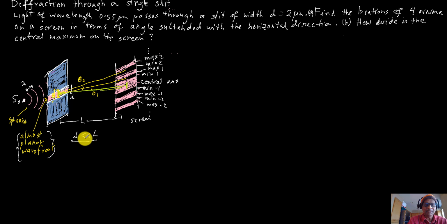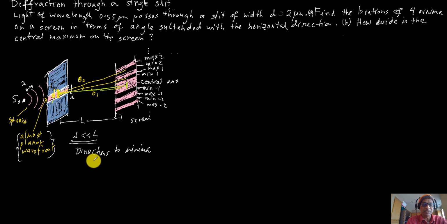So when this is the case, then we can show that the directions to the minima, meaning the dark places, is easy to show.